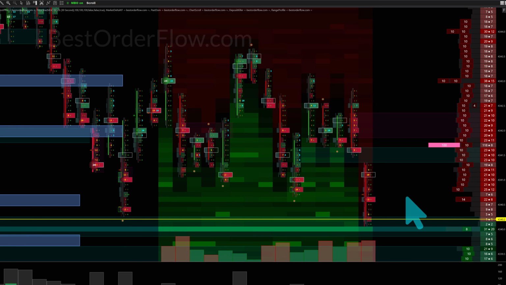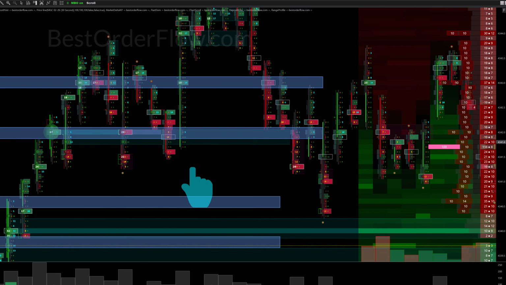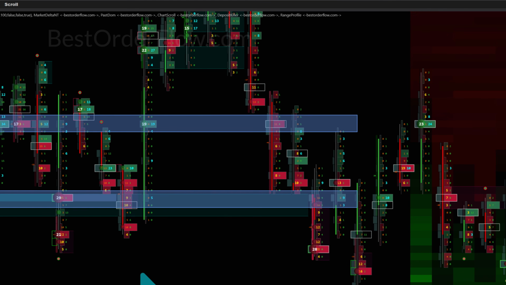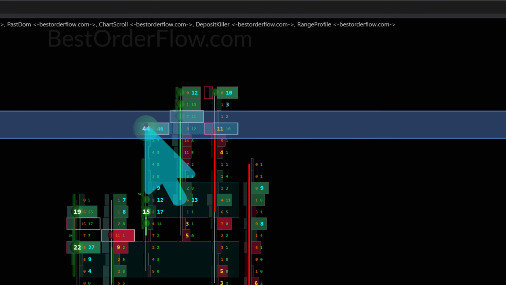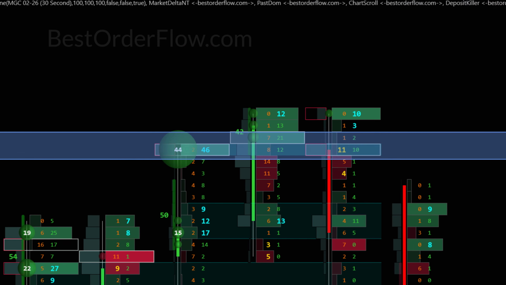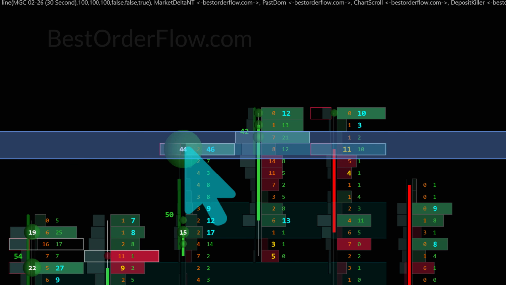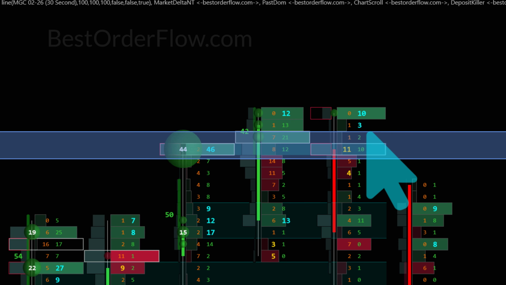On the footprint, and on the market bubbles, like those bubbles, 28, whatever. There are no large bubbles right now, but 44 sitting over here was absorption, really good. That was absorption as well, and you can see that on the footprint. But this is unfinished business, 12, 13, and this is unfinished business sitting right at the top.